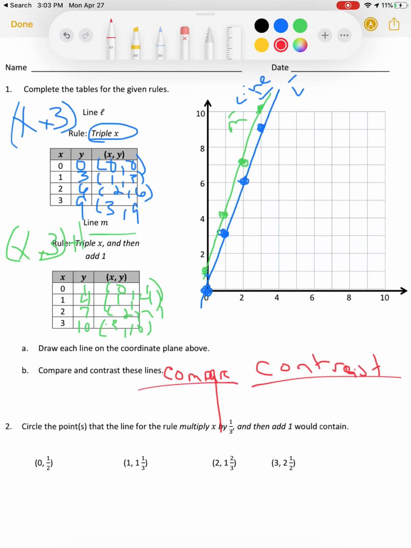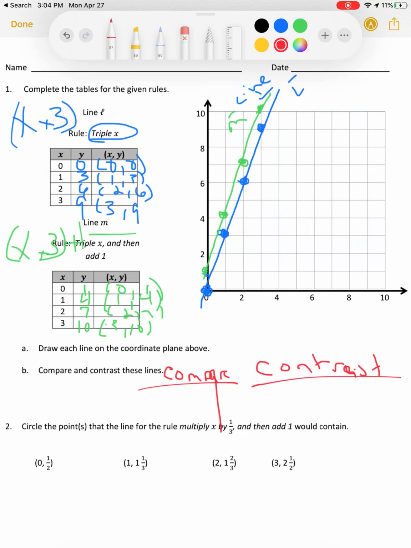So what does compare and contrast mean? Okay, we've worked on compare and contrast in reading, and it kind of means the same thing in math. When you're working on compare and contrast in reading, compare means to identify the things that are alike in a situation, and contrast means to identify things that are different. So if you said that, very good.